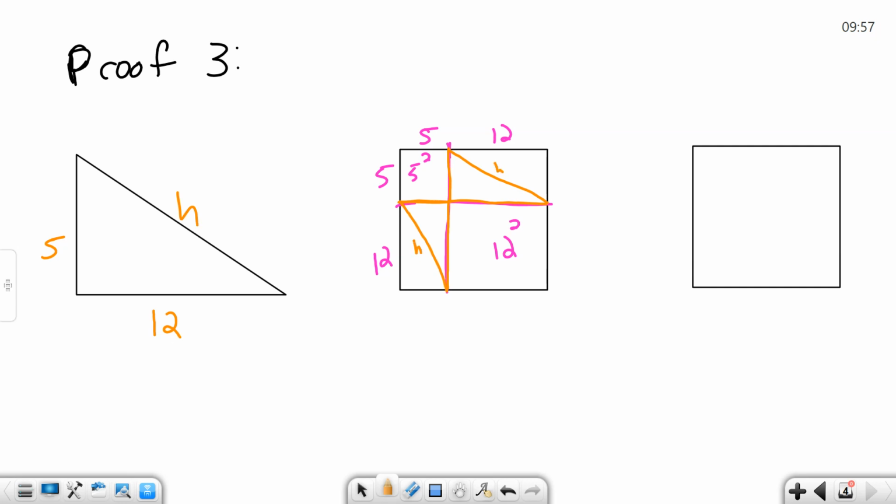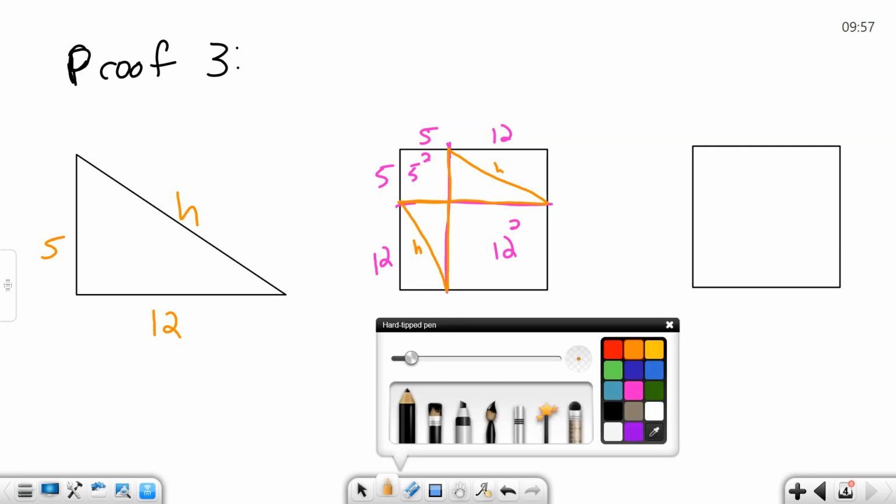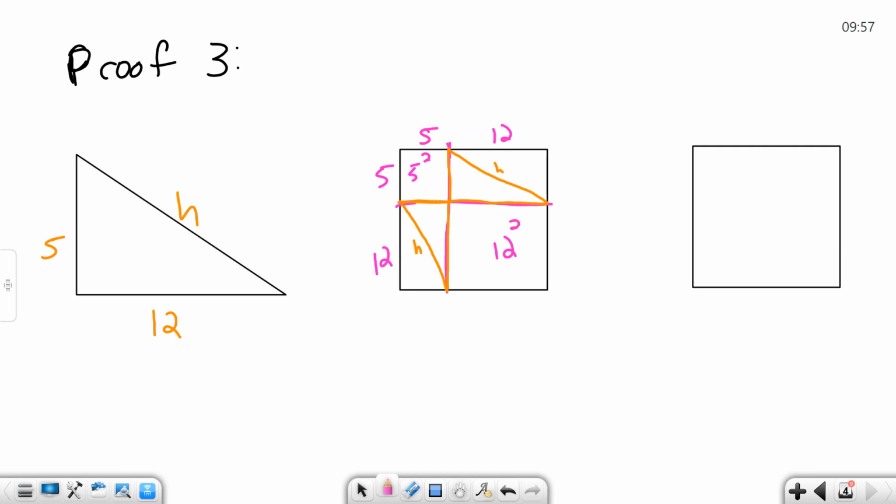You're probably wondering why I'm showing this, because right now this doesn't mean anything. We can't really see that h squared is equal to these put together. But what if I change the order and I alternate my sides between 5 and 12? Then this is 5 and 12, 5 and 12, 5 and 12.